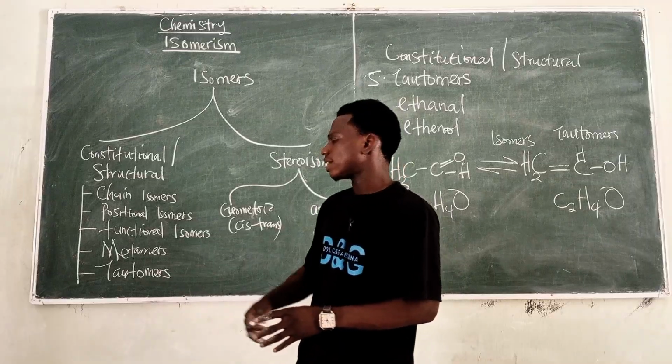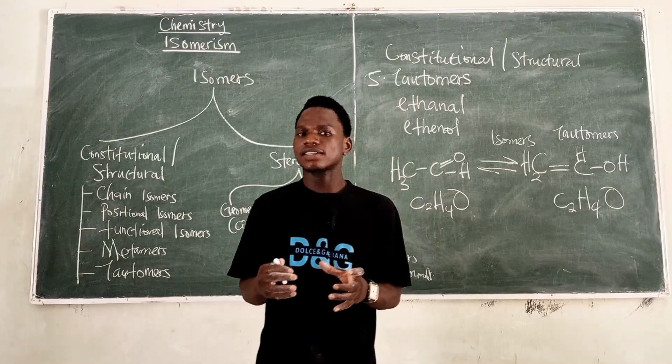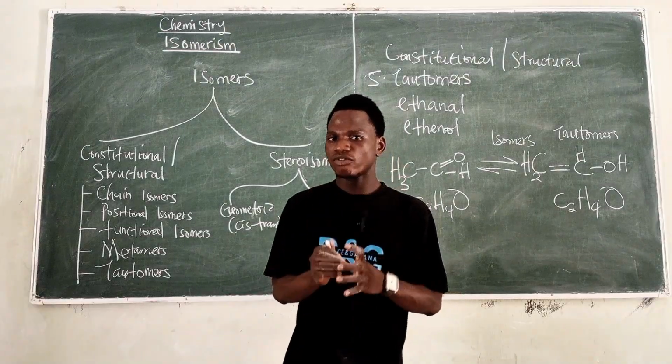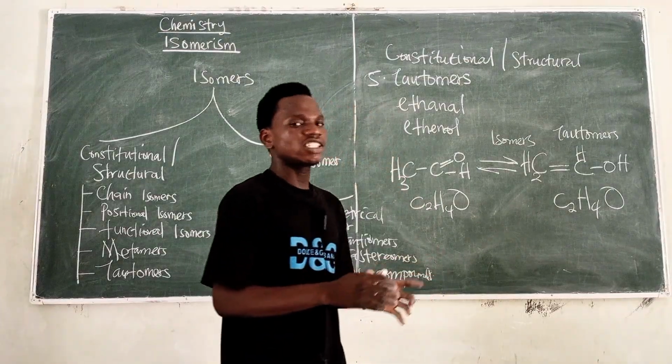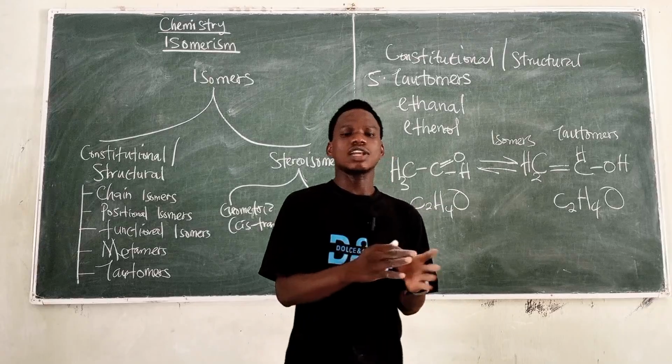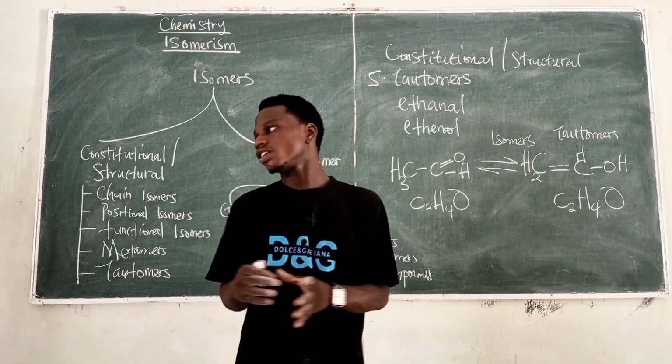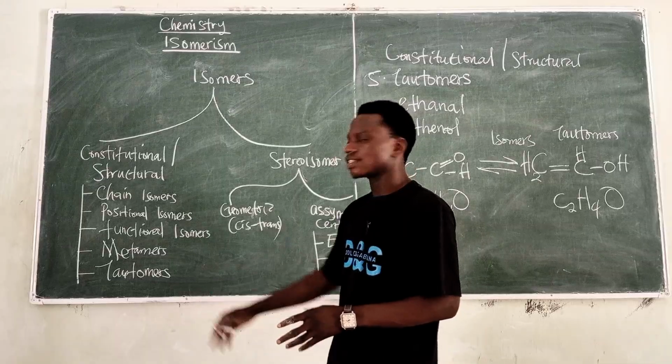We looked at metamers. We said metamers are isomers with the same molecular formula, the same functional groups, but different arrangements of alkyl groups on either side of oxygen, sulfur, and nitrogen. Lastly, we looked at tautomers.